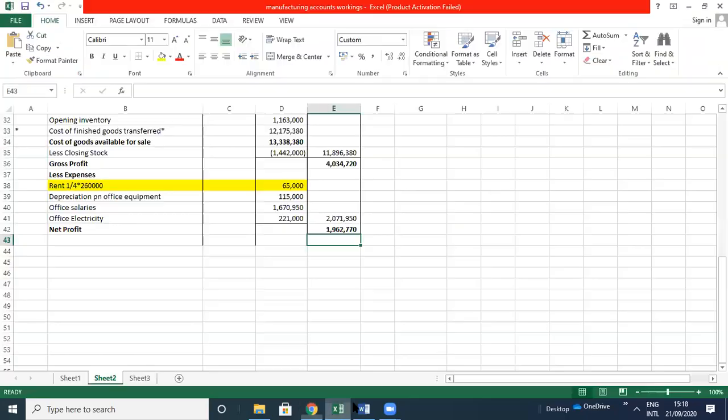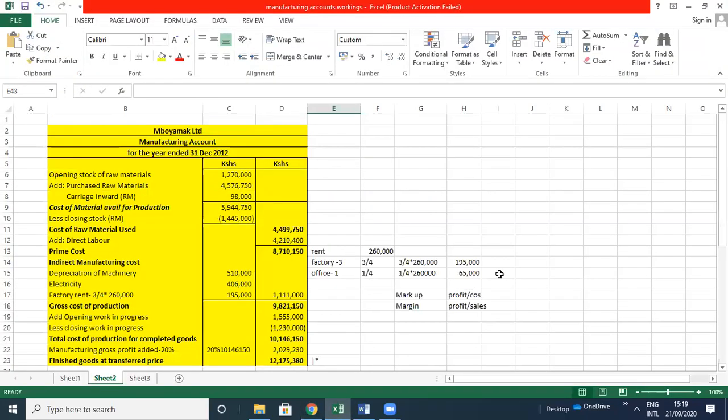These markups are things that you've already done in secondary schools, right? Therefore, we said markup is what? Profit over cost of sales. Margin is what? Profit over sales.